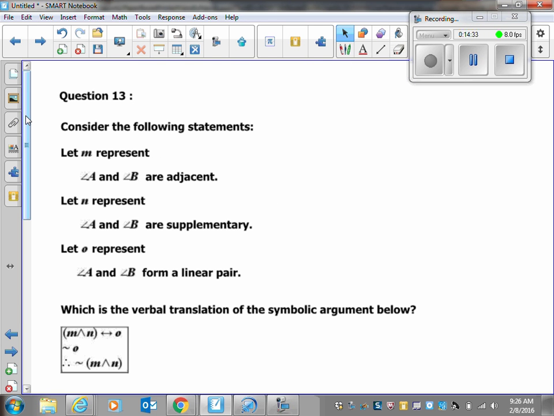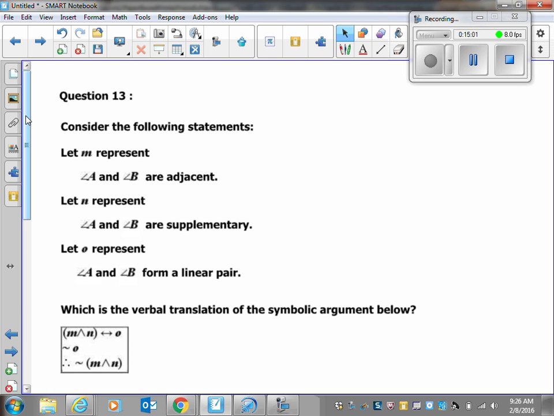All right, number 13. Consider the following statement. Let M represent A and B are adjacent. Let N represent A and B are supplementary. Let O represent A and B form a linear pair. So they use three different symbols for three different sentences: M, N, and O. Which of these is the verbal translation of the symbolic argument below?